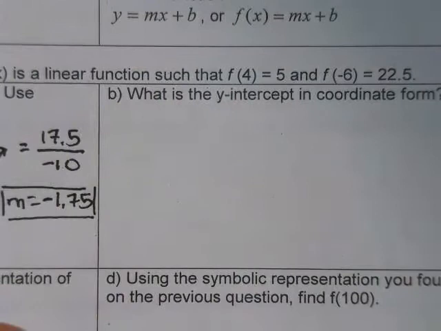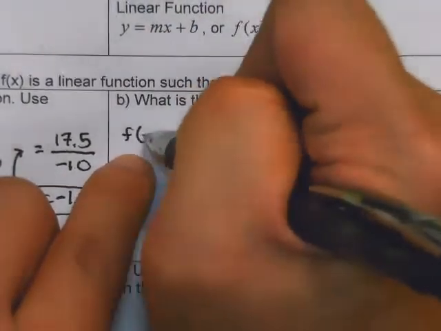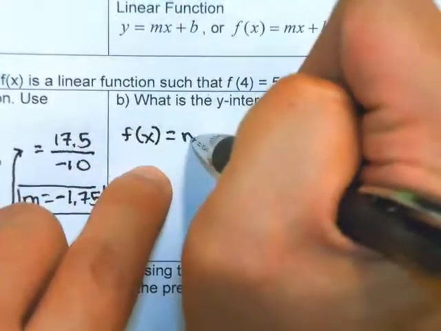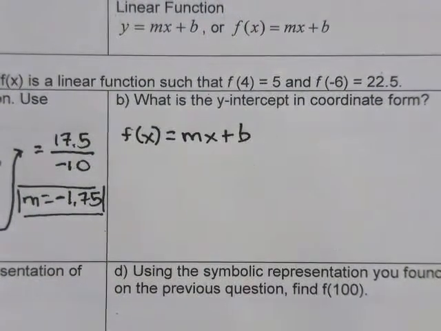Find the y-intercept in coordinate form. Well, one way is we're going to use y equals mx plus b. This time around, I'm going to use f of x equals mx plus b, which is the same thing.